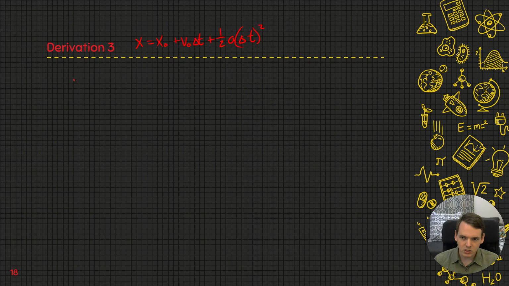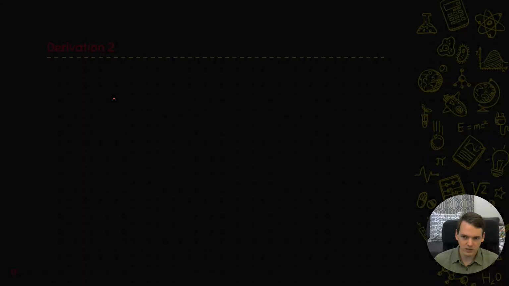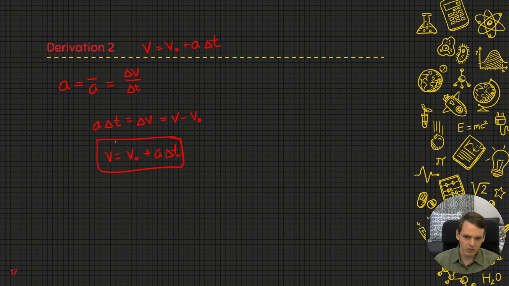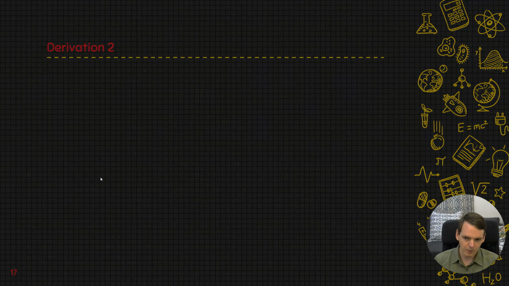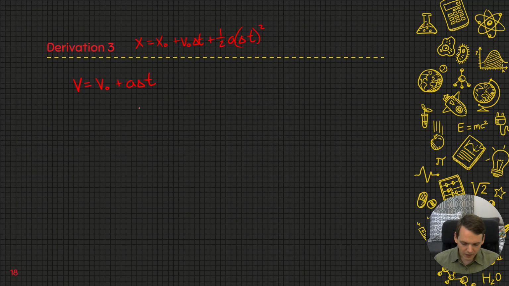So for this one, we're going to start with what we had defined earlier: v equals v naught plus a delta t. So we're starting with what we had on the previous slide here, starting with this right here. And then what we're going to do is a little bit of fancy math. We're going to add v naught to both sides.